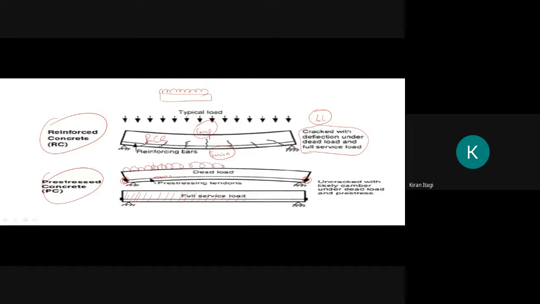What it does is counteract the applied load, and it prevents the deflection of the beam. And here you can see you don't have any cracks at the bottom. This is the main principle.